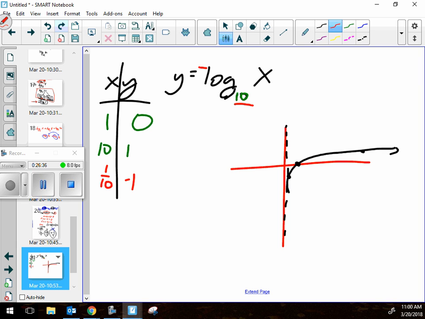You got to flip it, but do you know what it's going to look like? Here's the mistake answer. People go, okay, so he wants me to flip it over this. So there, I flipped it. It's not right. It's kind of close to right, but it's not right.